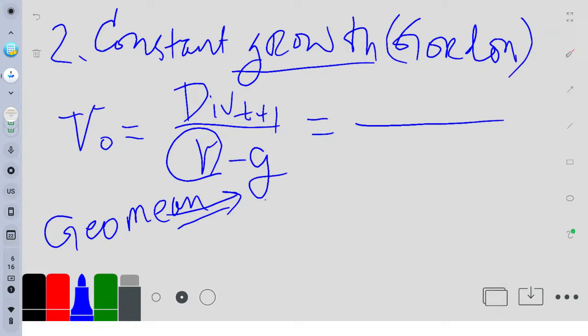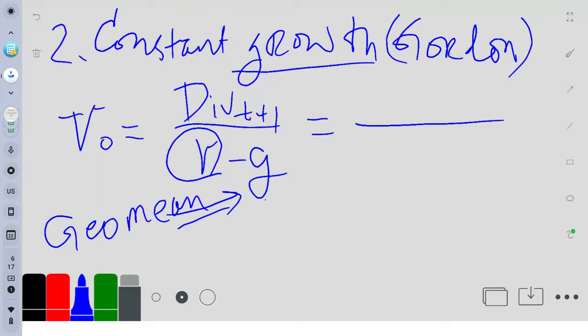And then the dividend at time t plus 1, that's the next period dividend. How do we know that? We don't know the future. Whatever is in the future, we don't know, but we can make a forecast.